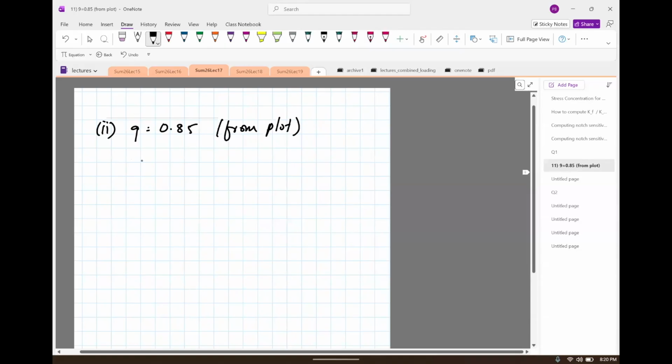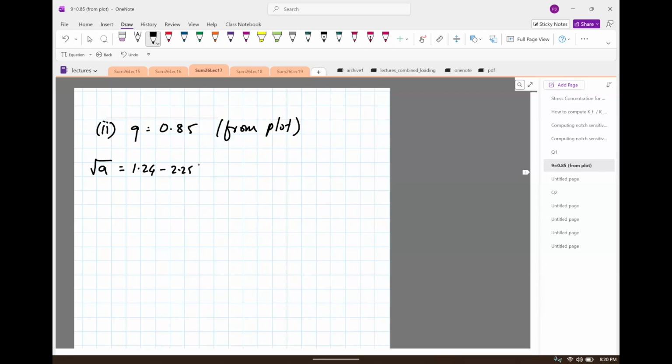So the square root of A is 1.24 minus 2.25 times 10 raised to negative 3 S_UT plus 1.6 times 10 raised to negative 6 S_UT squared, and to continue to the next line, minus 4.11 times 10 raised to negative 10 S_UT cubed, where S_UT is 690 megapascals.